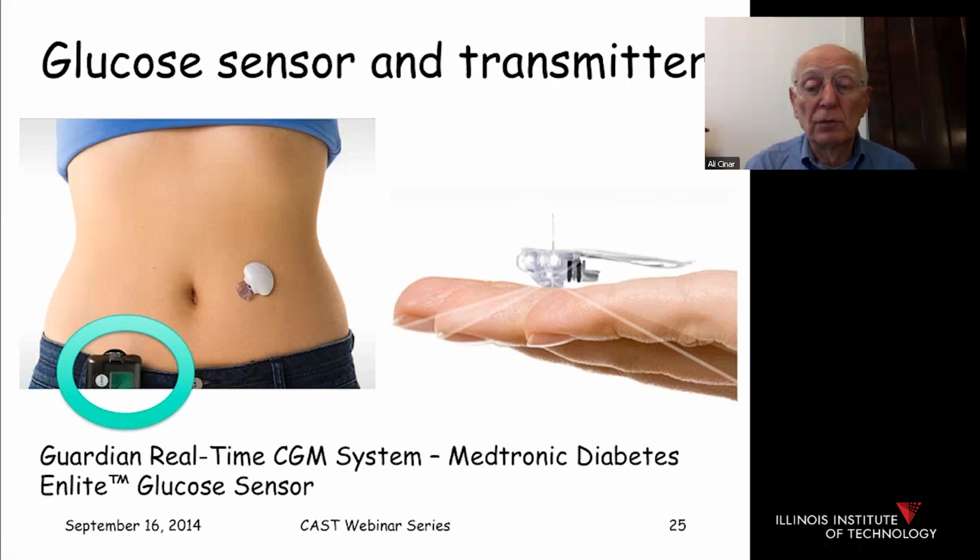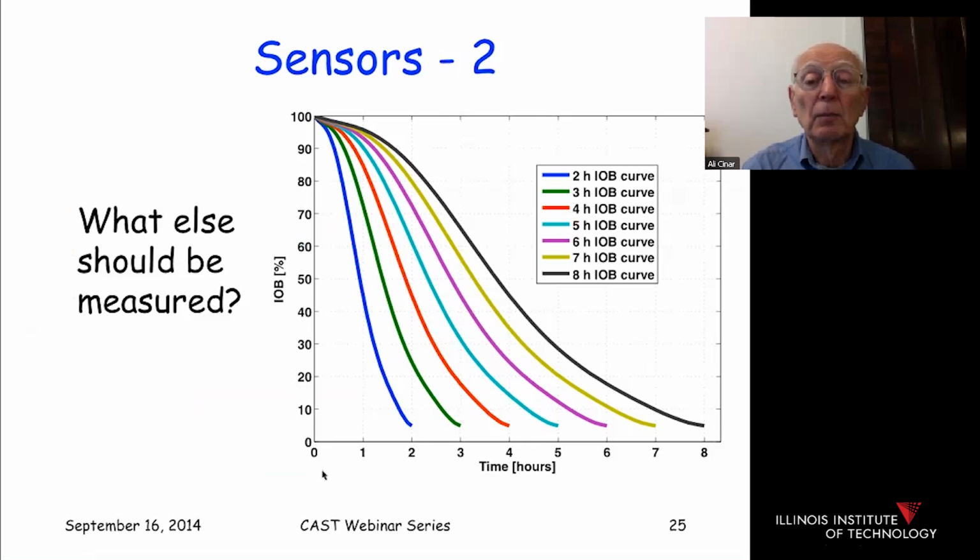And just for illustrative purposes, I have used some of the pictures from the Medtronic site, but there are several other companies that have sensors and monitoring systems as well that are currently being marketed.